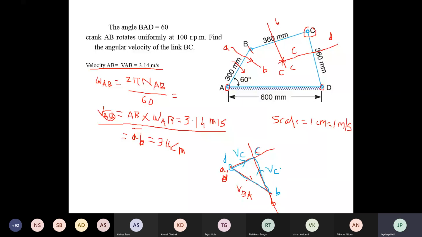Okay, now it is very simple to find the velocity of C. Suppose you have to find the velocity of C, you have to measure the vector DC, into scale.